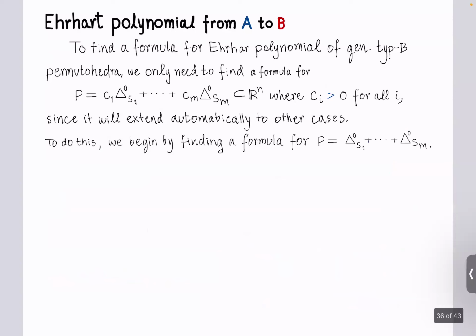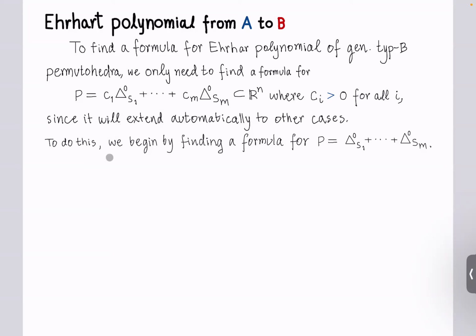To find a formula for Ehrhart polynomial of generalized type A permutohedra, we only need to find a formula for P where this Ci here are positive for all i. Right? So you don't have to find a formula for the coefficients that are negative. Why? Because it's going to extend automatically to other cases.